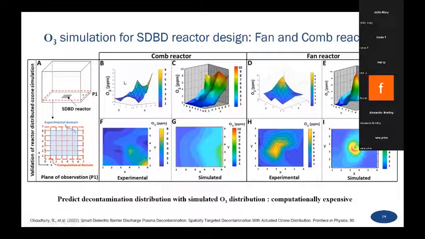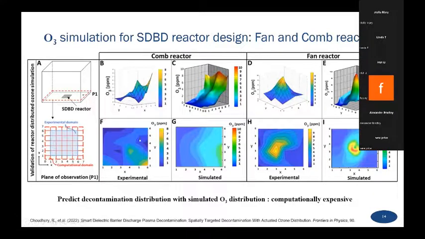So in figures B and C, you can see that for the comb reactor, there is a biased ozone distribution more towards one side, which corresponds to the main flow. Whereas for the fan reactor, at 10 seconds, we are seeing more concentration at the center, which is distributed outwards towards all the walls as time goes by.